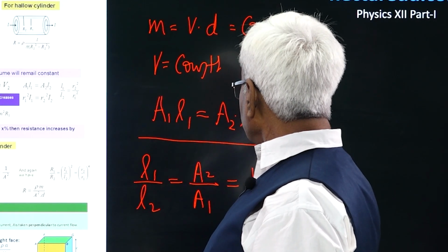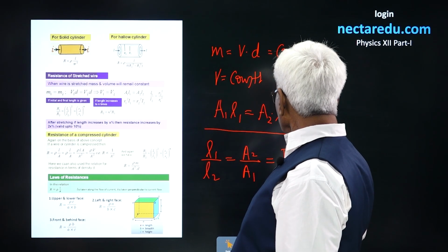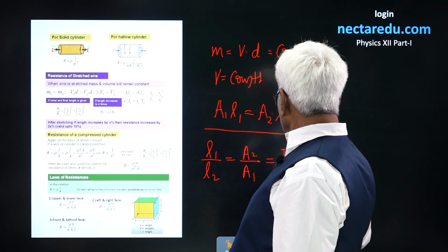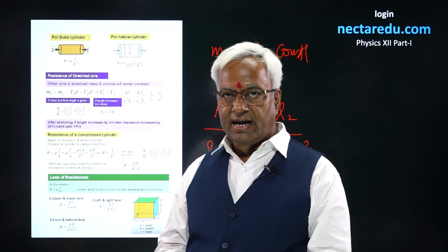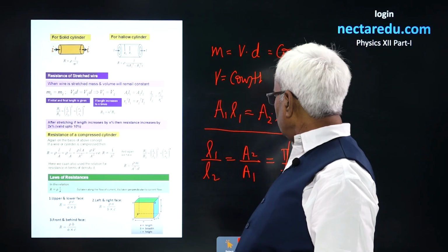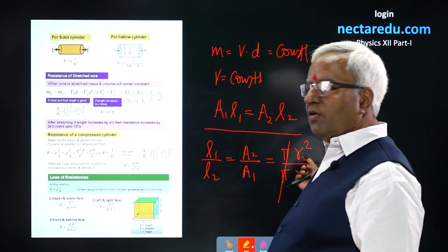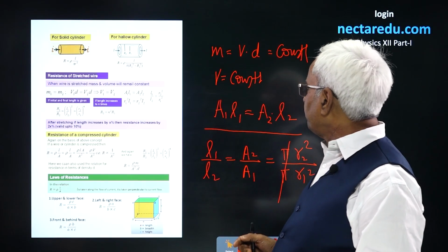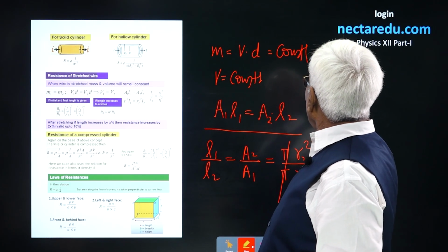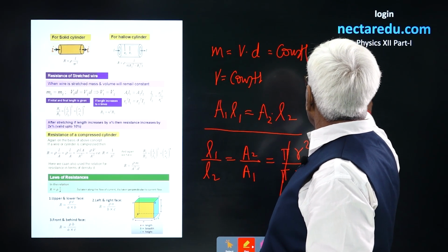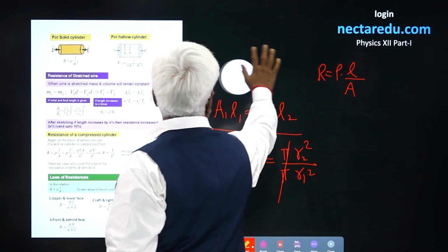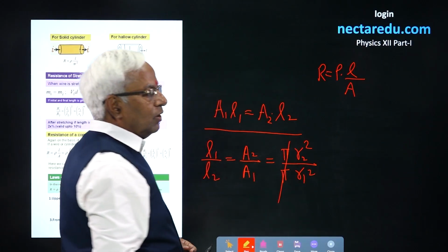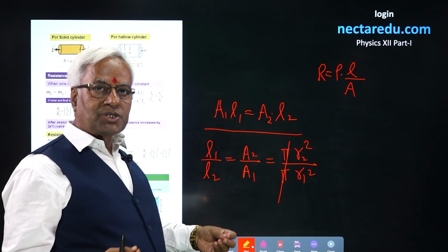You might say the ratio of length is the inverse ratio of square of their radii. Formula: rho L upon A. And you got one special interesting condition over here, that volume is not going to change during stretching.